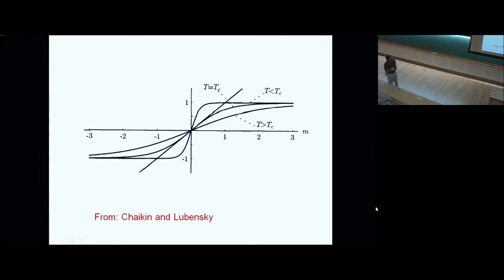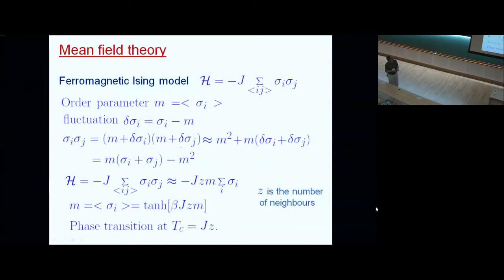In the previous thing, one way of looking at this is that each spin sigma i is interacting with some of its neighbors. Z is the number of such neighbors. And here what one is assuming is that, let's say I'm looking at a particular i, all the j's are replaced by their average values.